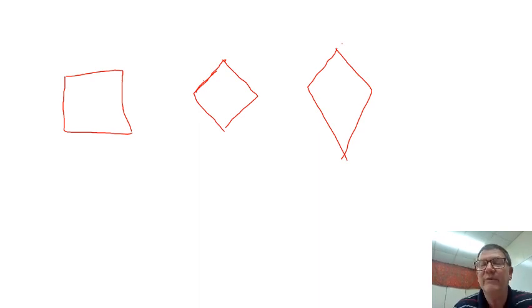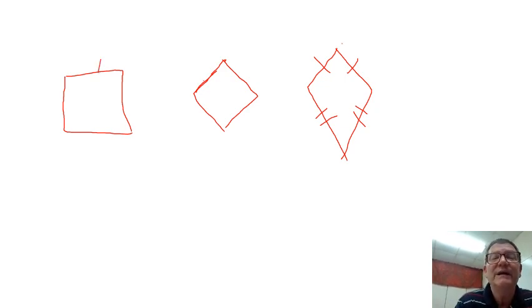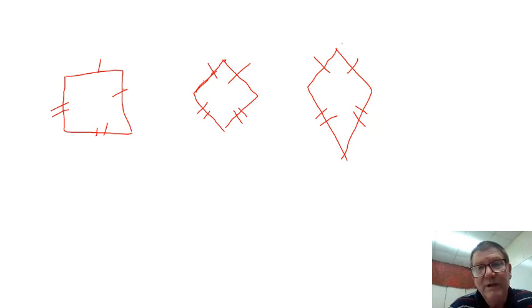The unique thing about a kite is that adjacent sides are equal, not opposite. That's what makes it unique. But if I come over to the square, I can see that adjacent sides are also equal. With my rhombus, I can do the same thing. Adjacent sides are equal. So that's what puts them in the classification of a kite.